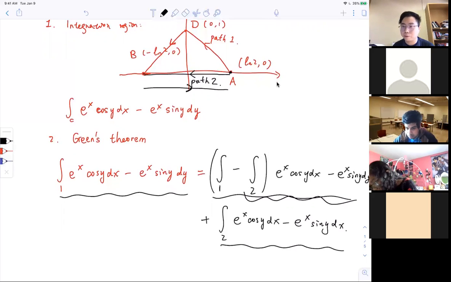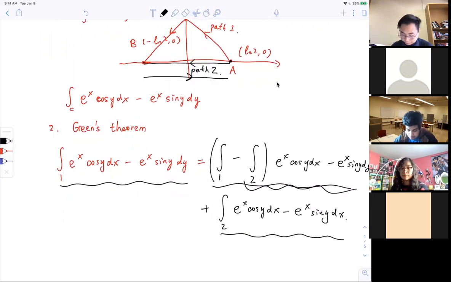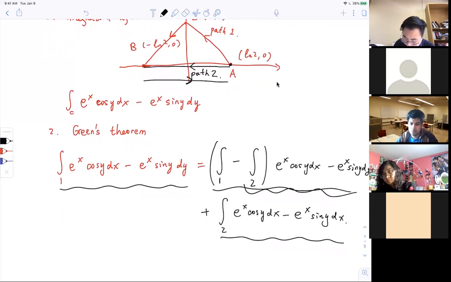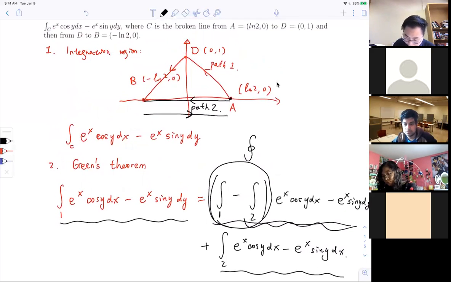This is the trick we use when we have an unclosed loop or surface. Combined, path 1 minus 2 gives us a closed loop, from A to D to B to A. Basically, it's this triangle.